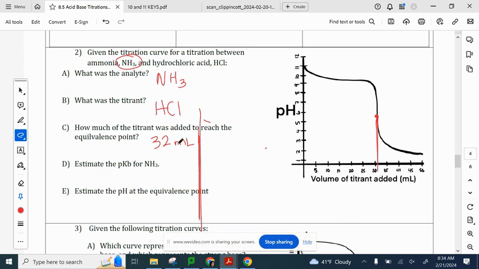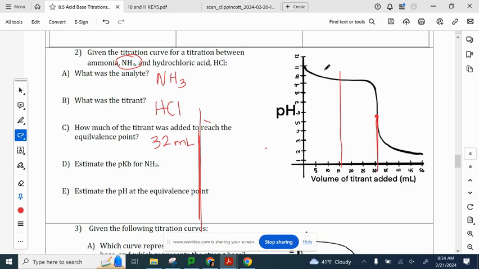All right. So if that's 32, then I need to estimate my Kb value. Well, we know that our pKa is at half equivalence. So half of 32 is 16. So I'm going to go over here and try to find 16. So here's my 16.